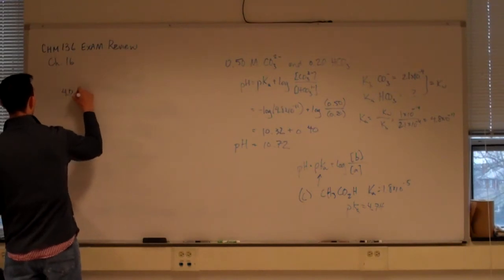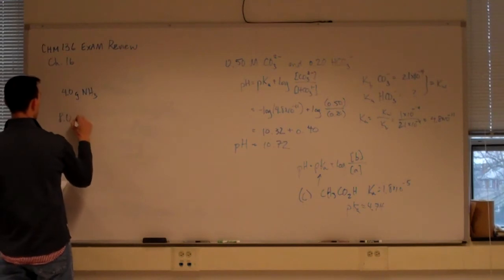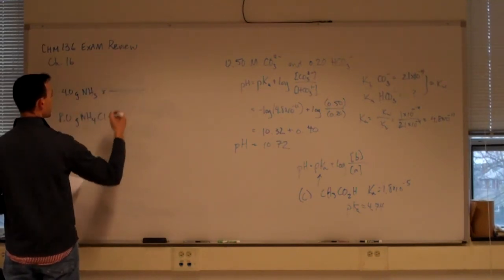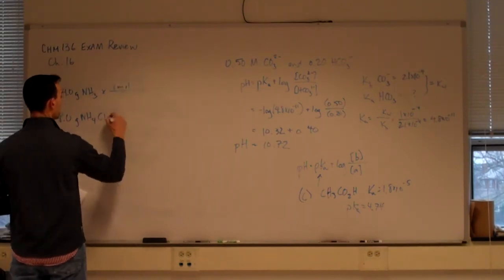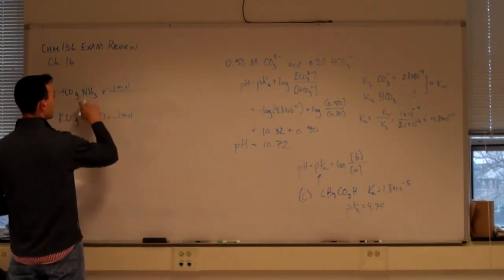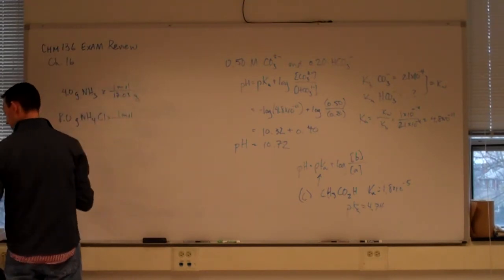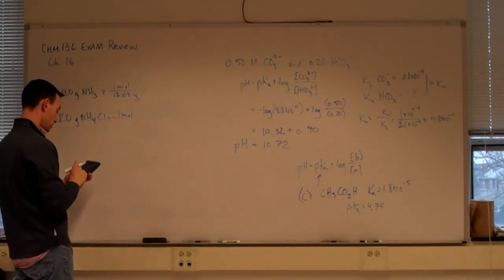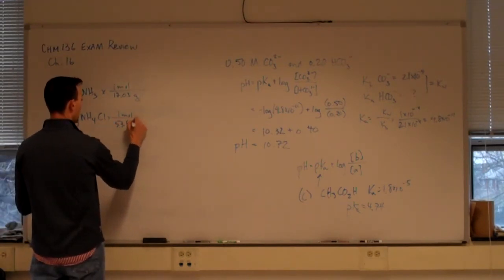We need to take our 4 grams of NH3 and our 8 grams of NH4Cl and convert each of these to moles. For NH3, its molar mass is about 17.03. For NH4Cl, it's about 53.49.